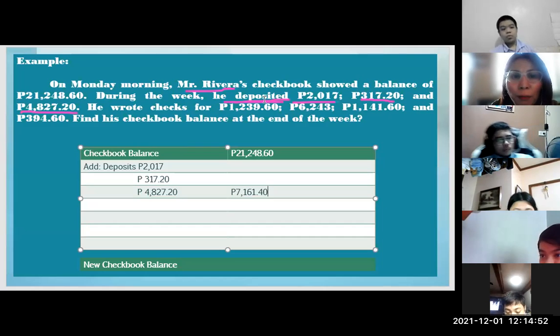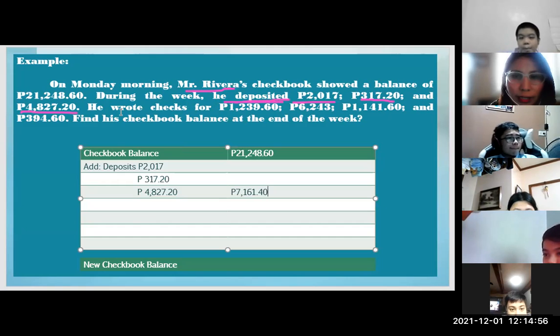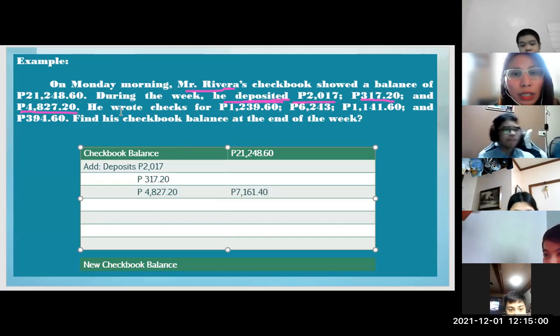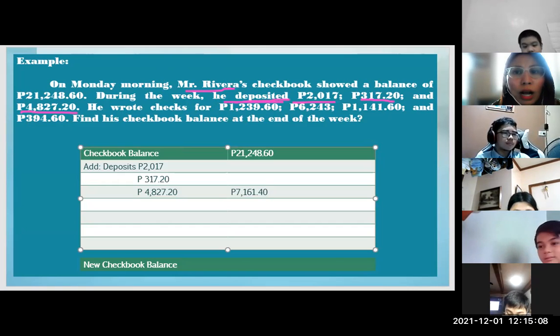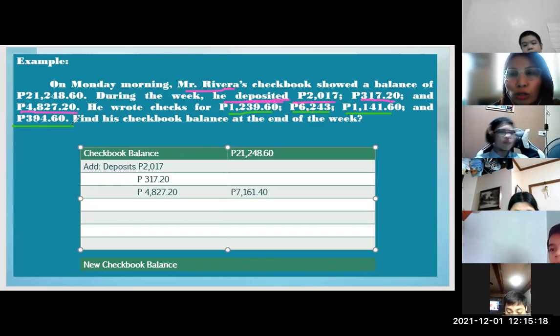Now, we still have amounts remaining. It says he wrote checks. He wrote checks for 1,239, and 6,000, and 1,000, and 300. So, what do these mean? What are these amounts? Is this an addition or deduction?